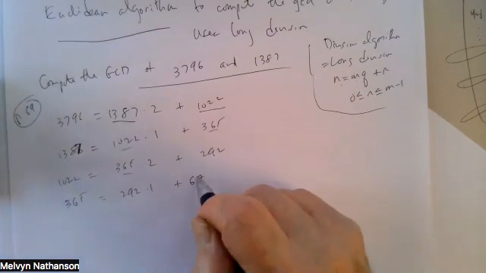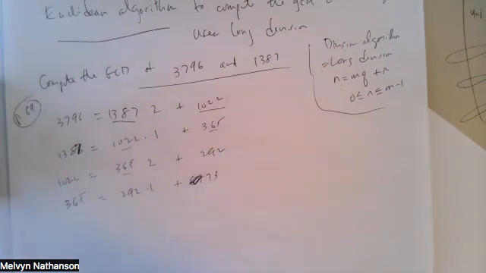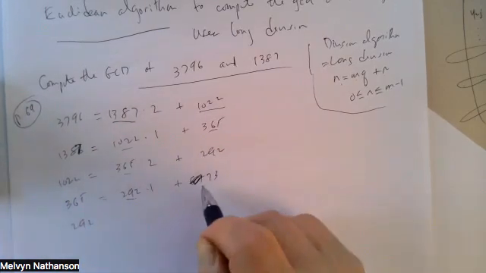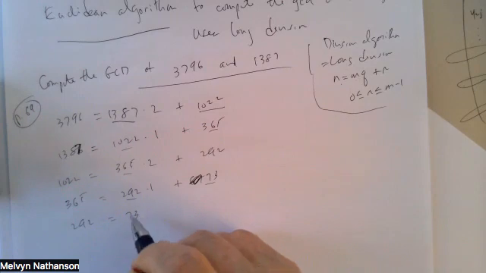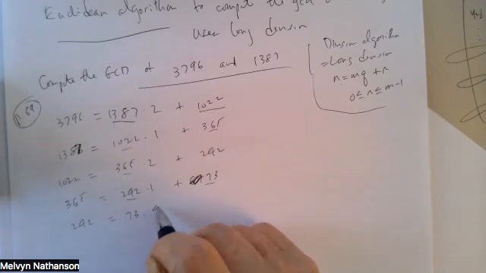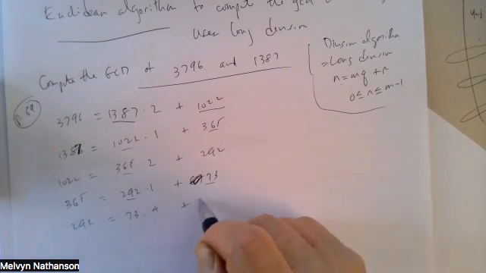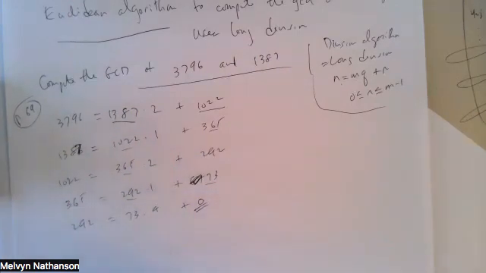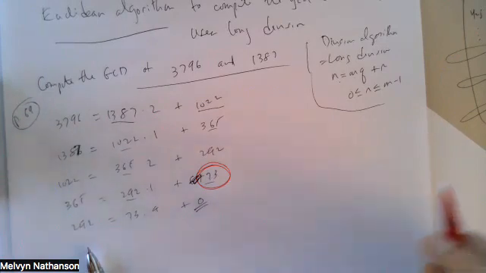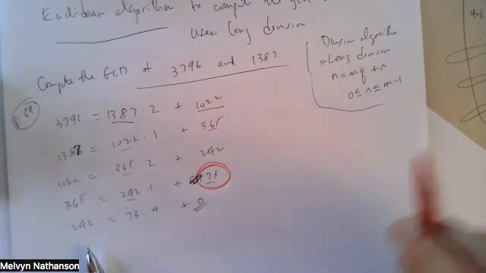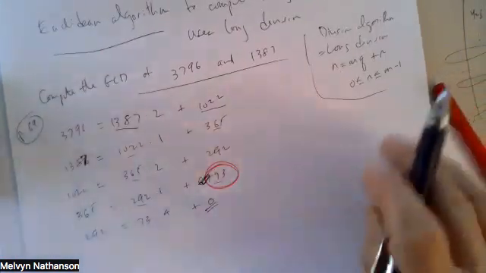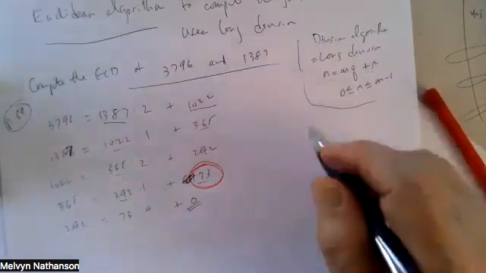Then you take your 292, divided by 73, that goes 4 times and leaves a remainder of 0. And the last positive remainder, 73, is the greatest common divisor of your two numbers.